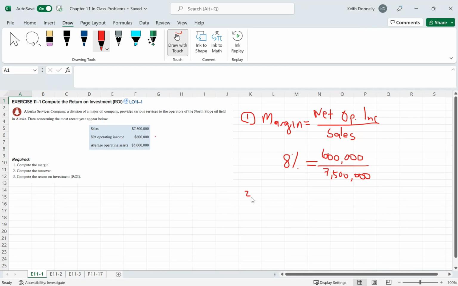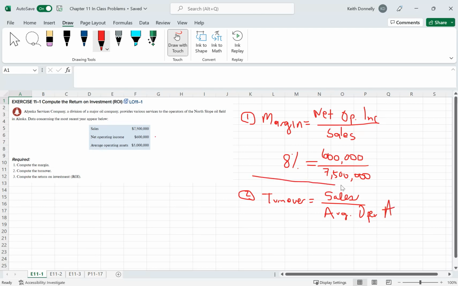2, looks like they want turnover. So the equation for turnover is going to be equal to your sales divided by your average operating assets.